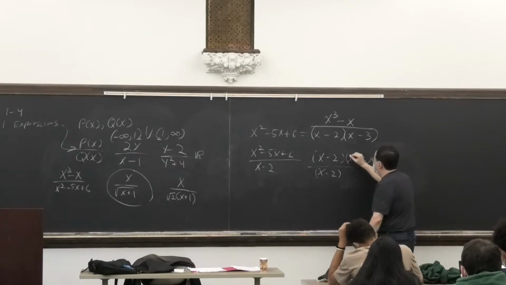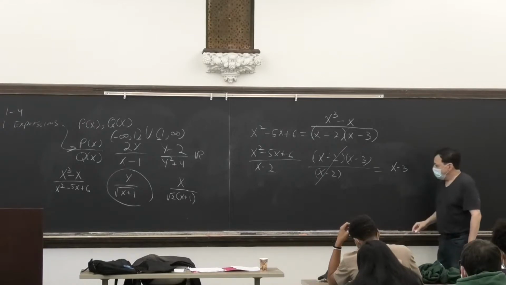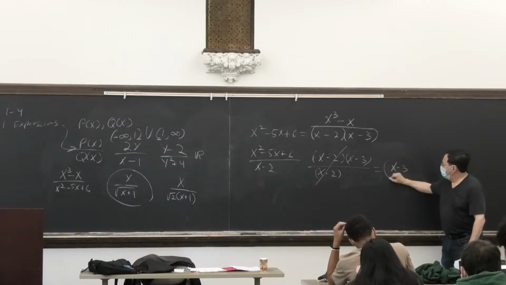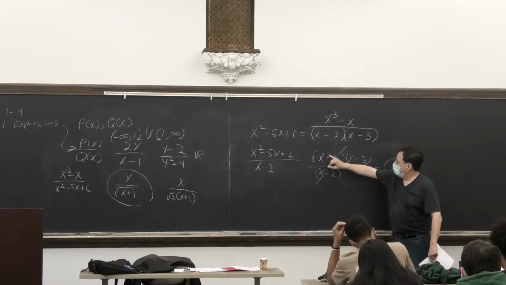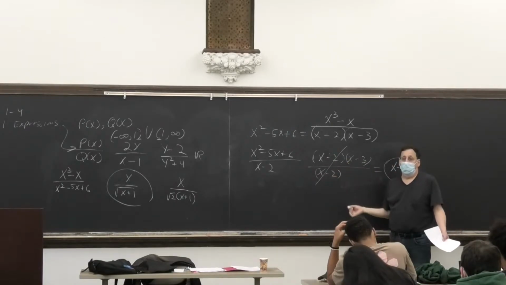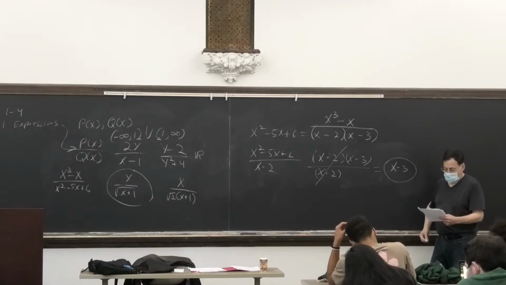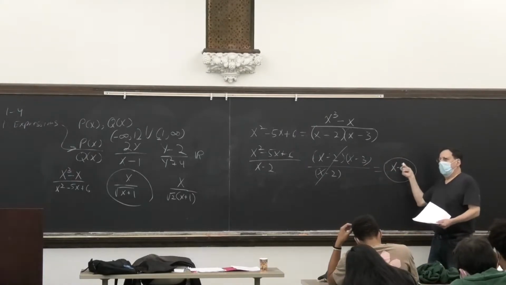We can cancel the x minus 2. This is x minus 3. That's fine. That's going to work. But what you have to be careful of is if you need to use this somewhere else, you still can't use 2. Right? Because what you would be saying is 0 over 0 is 1.